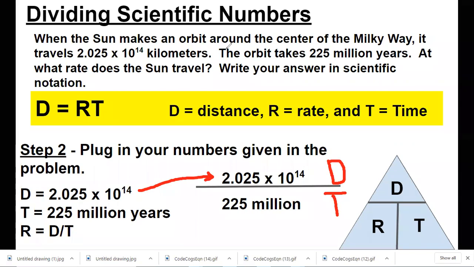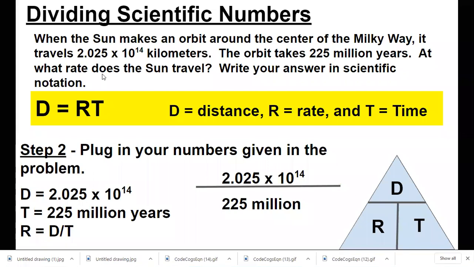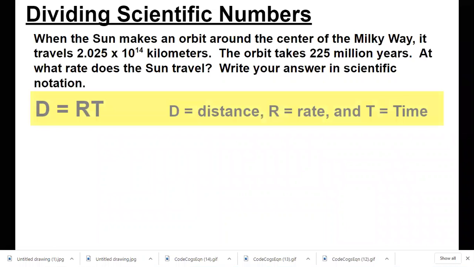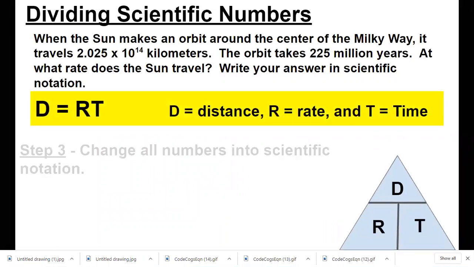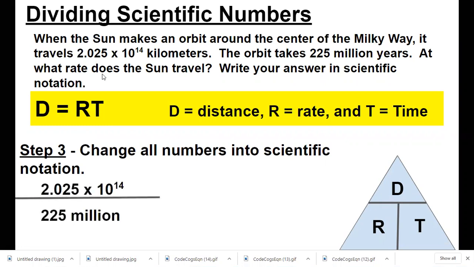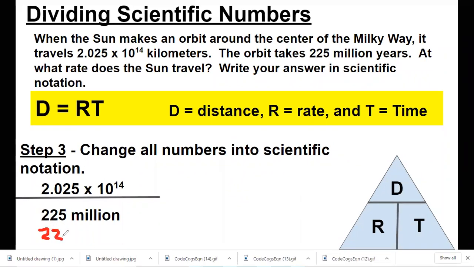However, we are not in the right format yet to be able to do this. So we have to bring it back. Step 3, change all numbers into scientific notation. Which one do we have to change? Well, the bottom, right? That's not in scientific notation. We have to get a number between 1 and 9.99. So this is really 225, and then it's million, right?